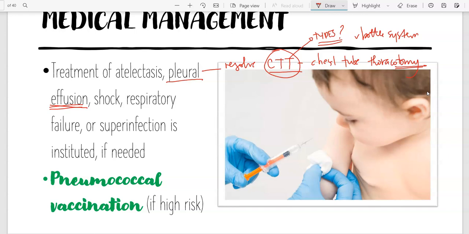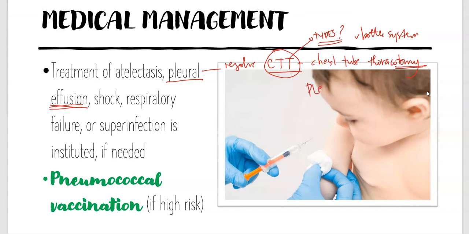However, in Western countries, there's no more bottle system for your CTT. What we have though is your Pleur-evac. So you are going to research on this one and your bottle system of your CTT so that you will understand why this is very much important. Okay, especially that these are treatment options for patients who have respiratory problems and are having these complications.